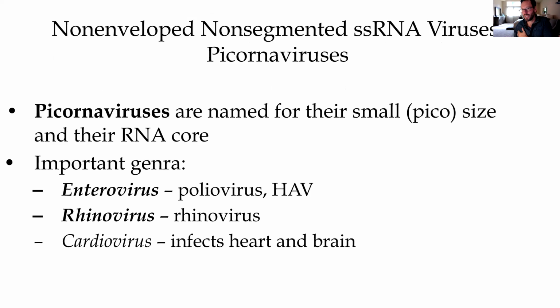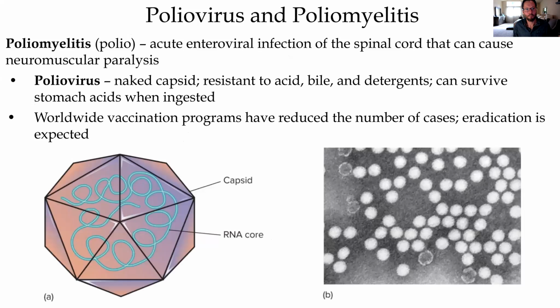Non-enveloped, non-segmented single-strand RNA viruses, such as the picornavirus, where pico means small, so small RNA virus. Enterovirus, so polio, rhinovirus, the common cold virus, and cardiovirus, which is not very common, but is around. Polio, of course, we had the vaccine in the 50s from Jonas Salk, and that really squashed polio.